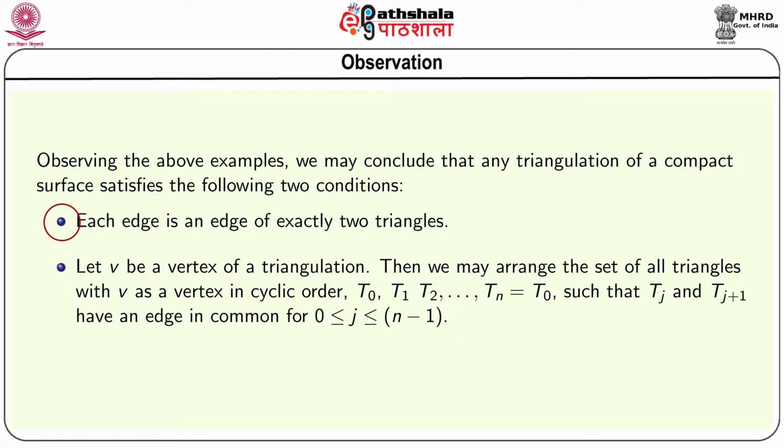The first condition is that each edge is an edge of exactly two triangles, and the second one is that if V is a vertex of a triangulation, then we may arrange the set of all triangles with V as a vertex in cyclic order T0, T1, T2, ..., Tn with Tn equal to T0, such that the consecutive ones Tj and Tj plus 1 have an edge in common for j varying from 0 to n minus 1.